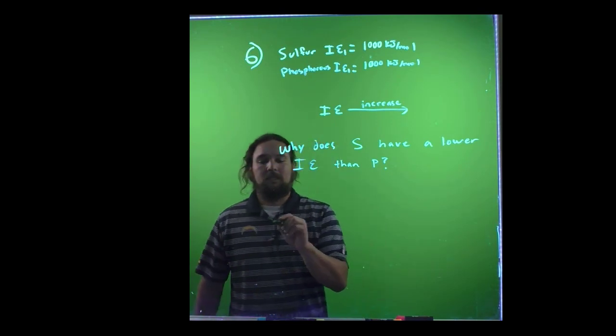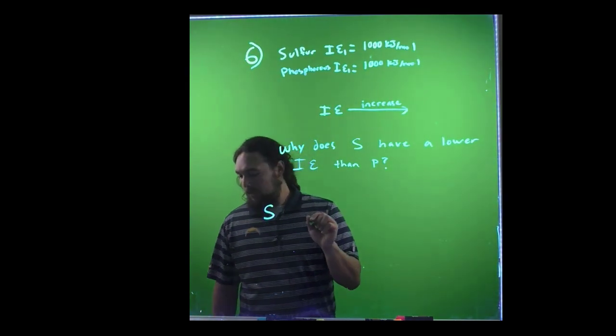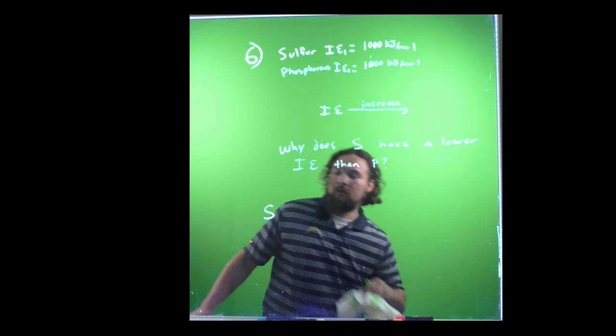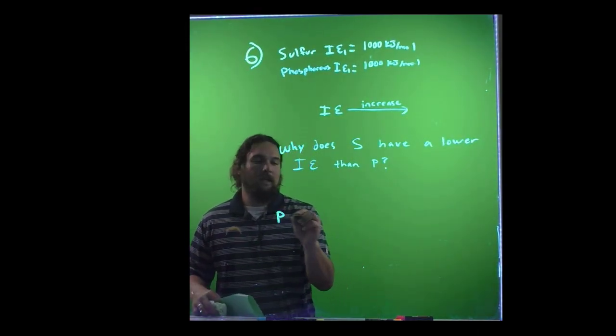But the way we can answer this question is if we look at sulfur and we look at phosphorus. Let's actually put phosphorus on this side. So phosphorus is on the left of sulfur on the periodic table.